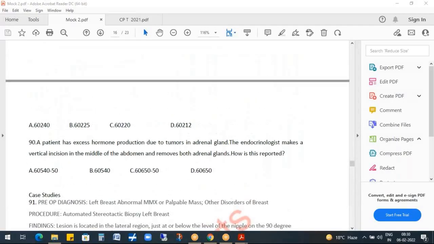90th question. What is the doubt? 90th question, Sandhya. A patient has excess hormone production due to tumors in the adrenal gland. The endocrinologist makes a vertical incision in the middle of the abdomen and removes both adrenal glands.